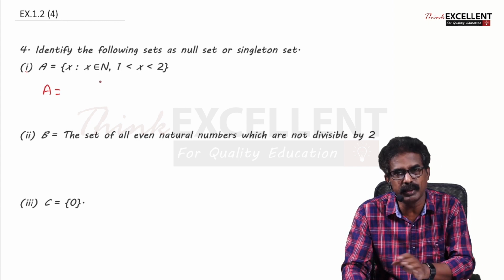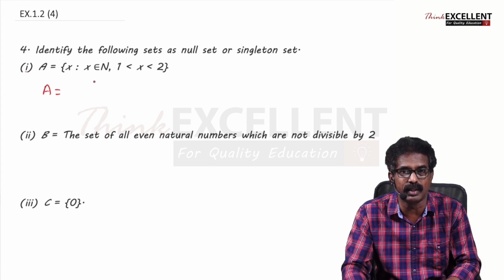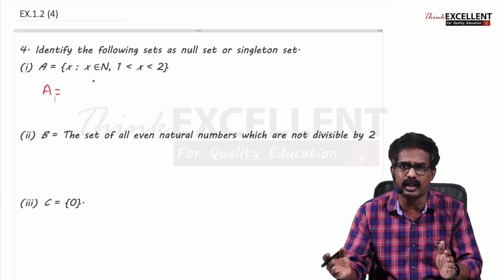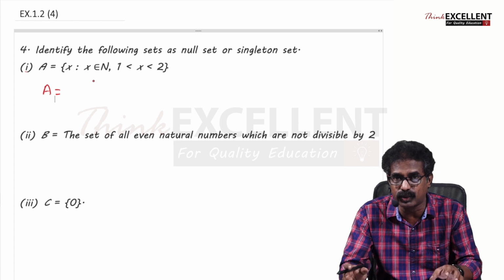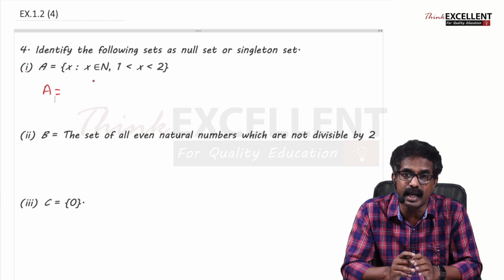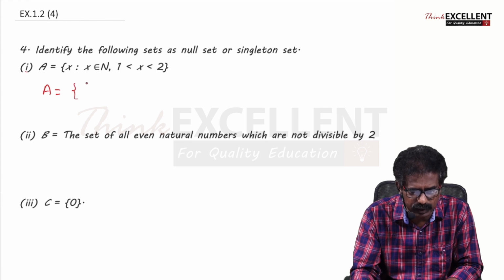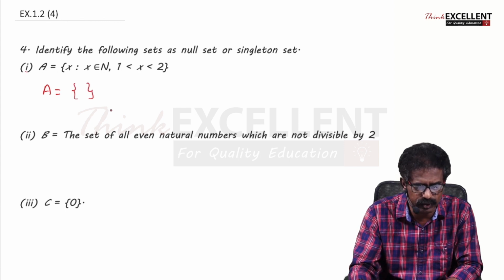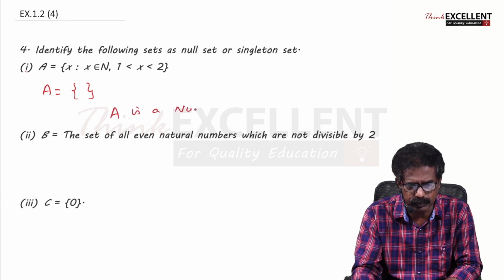There are numbers like 1.5, but we want a natural number. After 1 the next natural number is 2. Here only the less than sign is there, so you can't take 1 or 2. Between 1 and 2 you cannot find any natural number, so your answer is null set. So A is a null set.